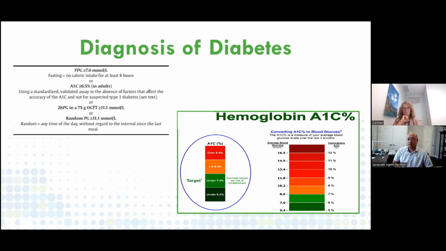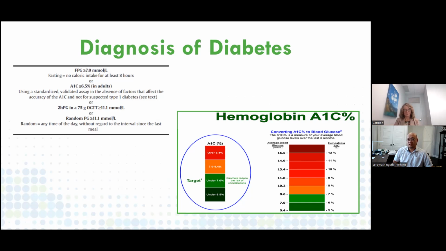Another method to diagnose diabetes is called the oral glucose tolerance test. In this test, individuals would take a standardized sugar drink, and they have to wait in the lab for about 2 hours. They can't leave the lab. So I normally tell patients to bring something to keep them busy for 2 hours.